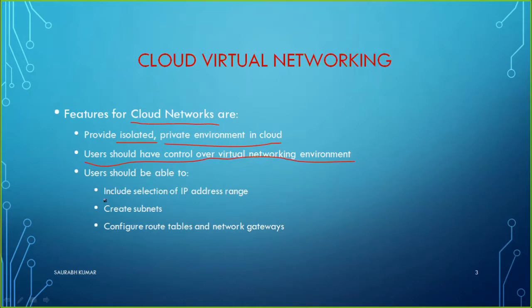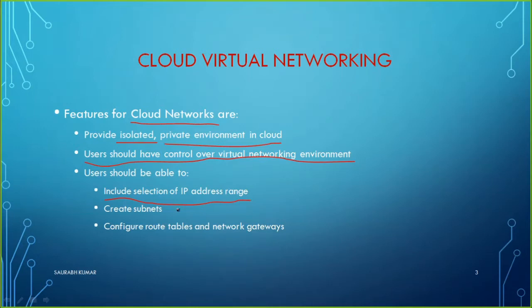Third point is, users should be able to select the IP address range. It's not like the network is on AWS, so AWS will decide what IP address range to assign and what kind of subnet it will be. All those will be selected by you, and we are going to do it practically today itself, how we can have our own subnet according to our choice, according to our requirement.